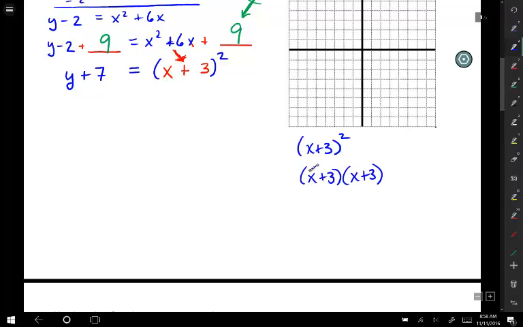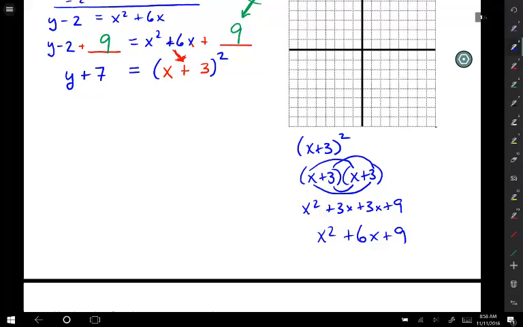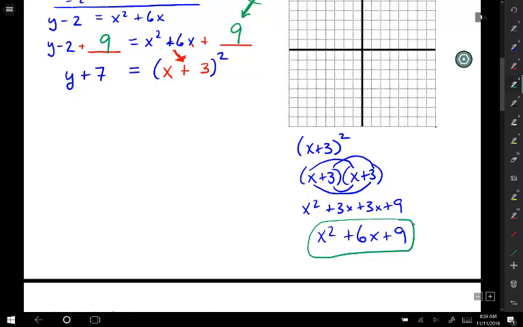And now we FOIL. x squared, 3x, 3x, and 9. We simplify to get that. Now we're going in reverse. And we're saying we need to realize that x squared plus 6x plus 9 really means x plus 3 squared.